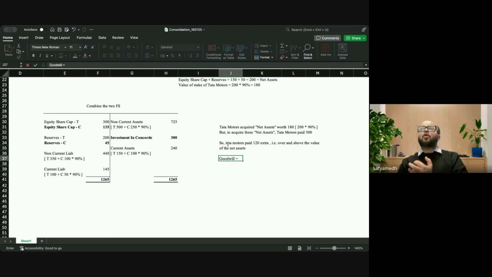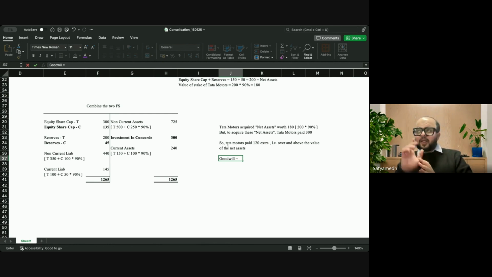This company has good contracts, good industry connects with all the suppliers and all the different market participants, so they will be able to secure raw material at a cheaper price. You can make use of their already established network and warehouses. So there are certain synergistic gains that you expect to achieve, and hence this 120 that you are paying is what you might think of as an excess amount, but Tata Motors is being strategic.